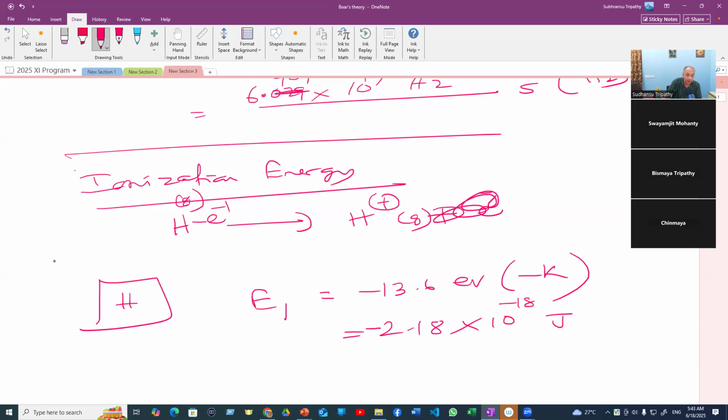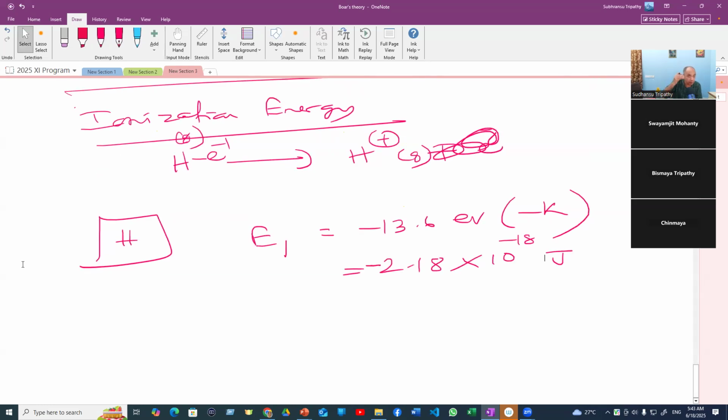Now, if we give plus K amount of energy, the ionization energy, which we will write as IE, is equal to plus K. If plus K amount of energy is supplied, or the electron absorbs it at the ground state, then it will go to infinite distance. As much as it lost while coming from infinite distance to the first shell, the same it will lose. So in terms of K, it will be plus K for the hydrogen atom.